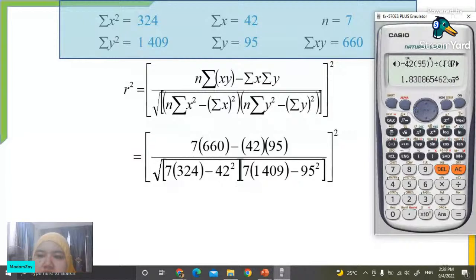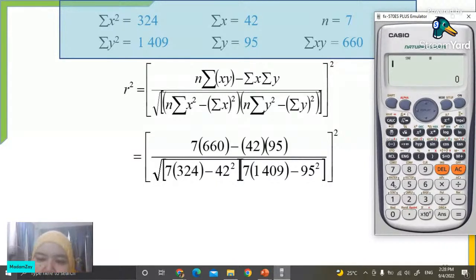Square root of, open bracket, multiply by, close bracket. No. Okay, so let us do it step by step.